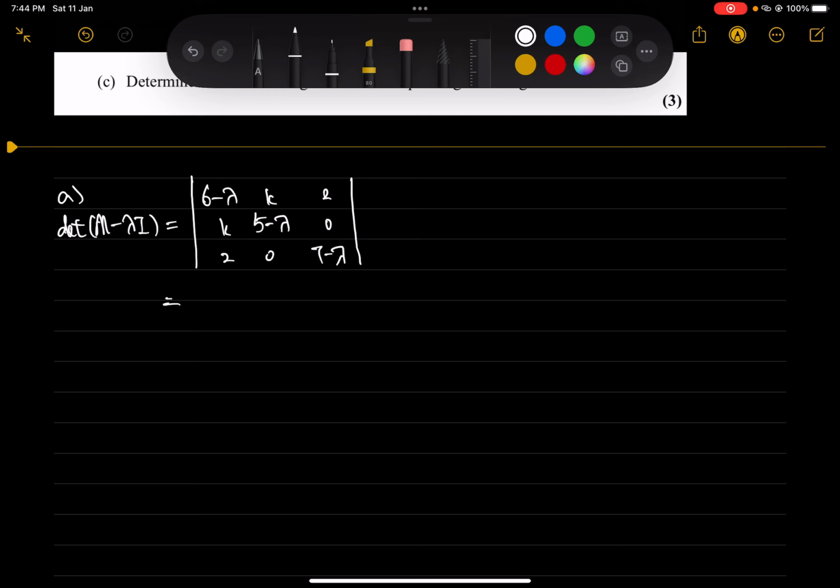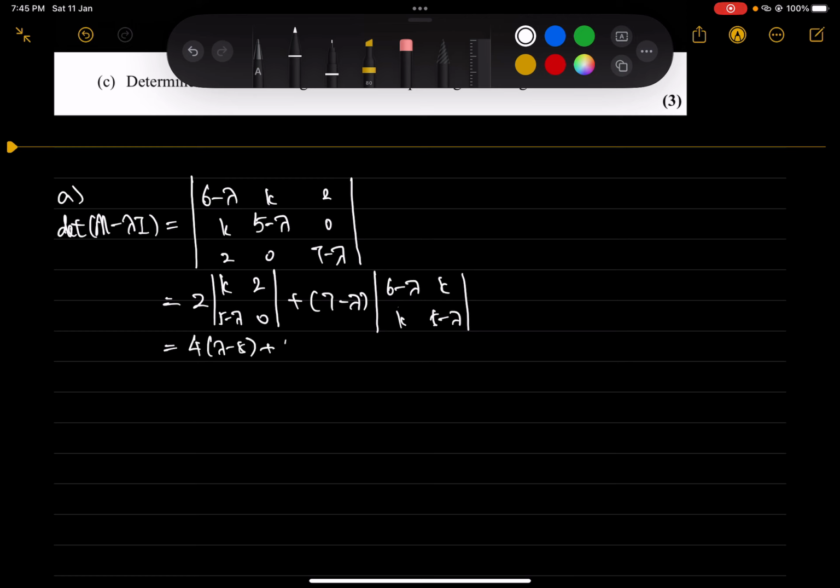And this is just this determinant, and we have this expression here. And then we just expand everything because we need to.